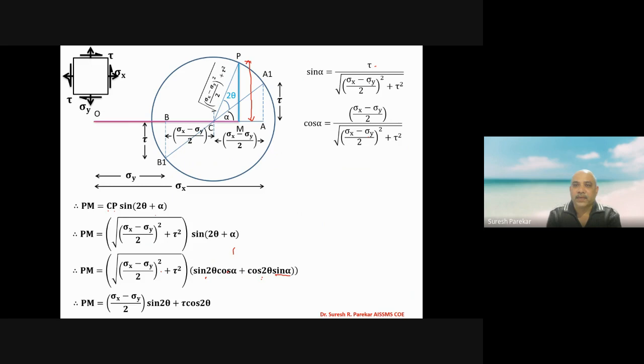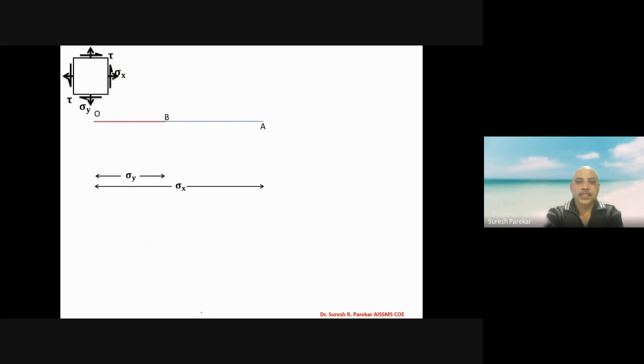For both we have the same denominator term, so this will get cancelled. So we get (sigma x minus sigma y)/2 sine 2 theta plus tau cos 2 theta. So likewise we will get PM.